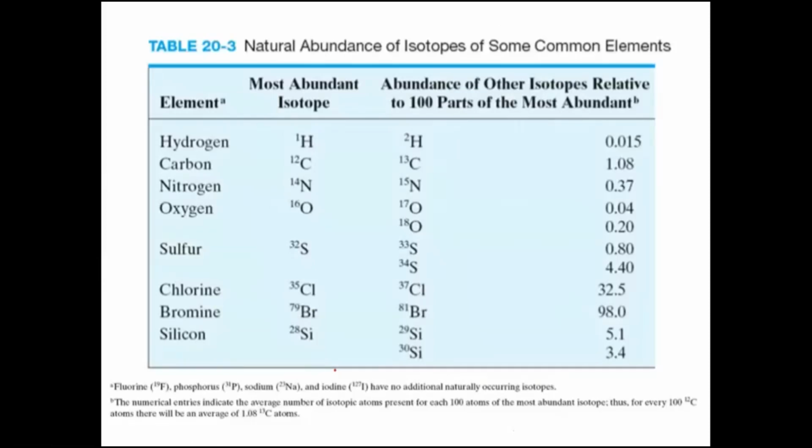That is very clear in this chart also. If you consider carbon, nitrogen, or oxygen, you will see that the relative abundance of the lighter isotope is more.